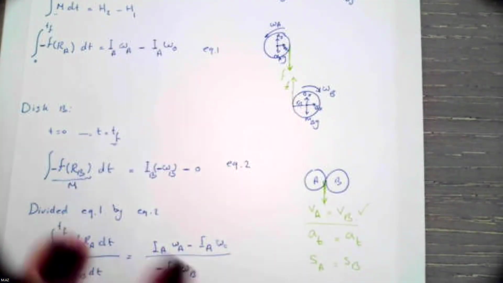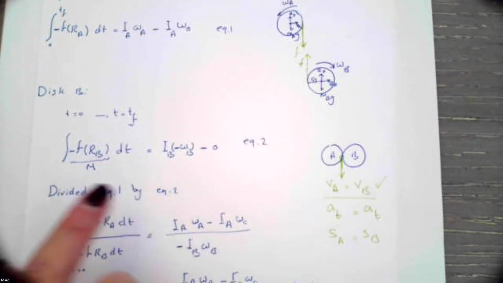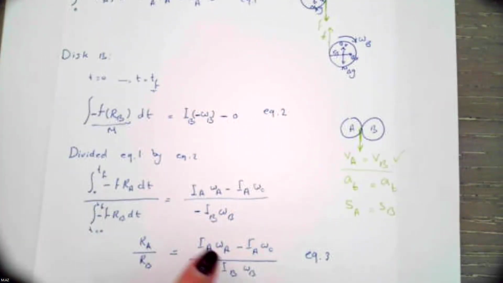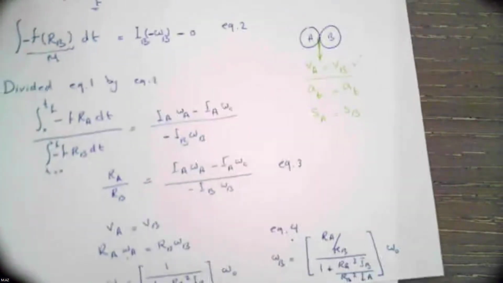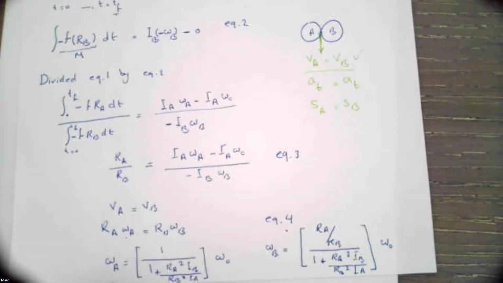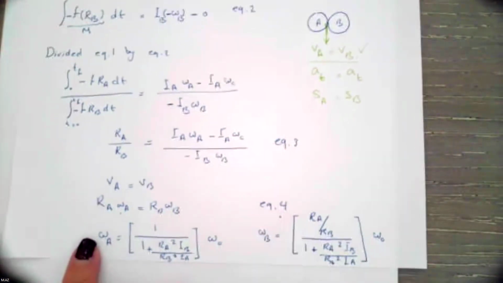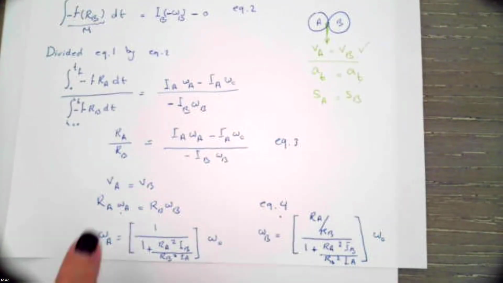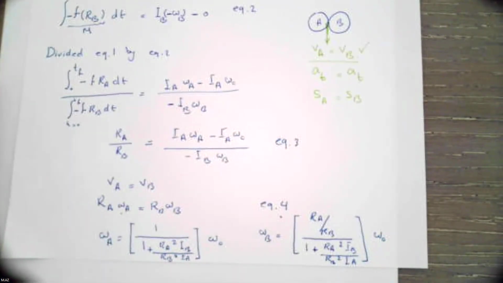Since we don't have more information, and we know that the time and the friction force have the same value for both disks, we divide and find equation 3. And at the contact point between these two disks, we use this equation: the velocity at A equals the velocity at B.